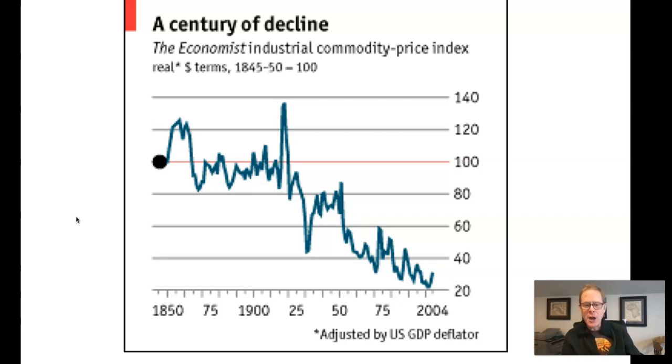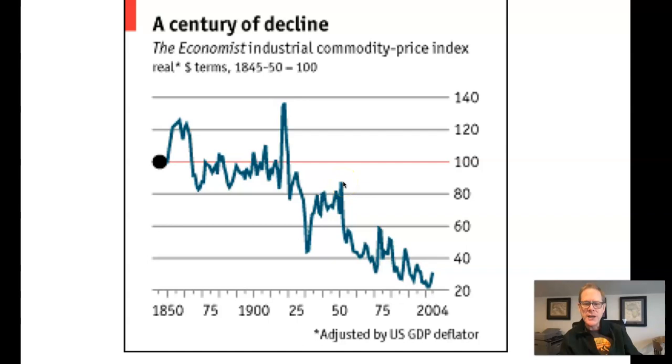But the problem for African countries from the late 50s, 60s, with a little blip up in the 70s and so on, is commodity prices continue to decline. There's a little bit up and down, but the overall trend here from 1950 to 2004 is down, right?